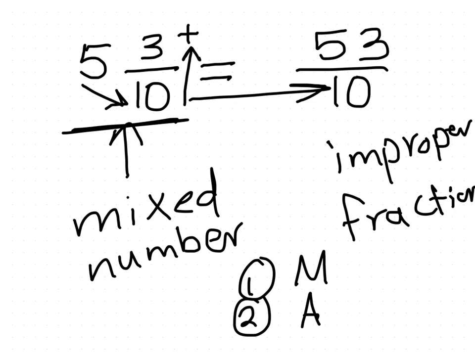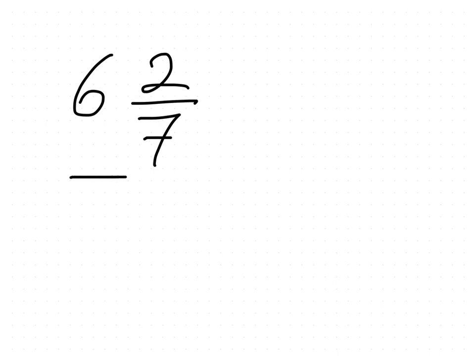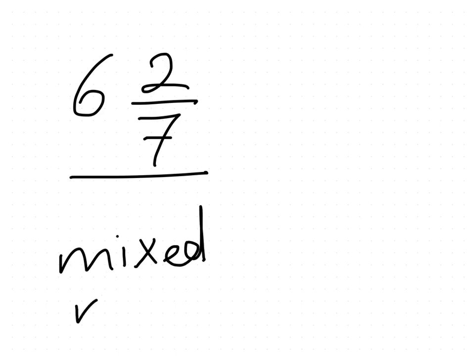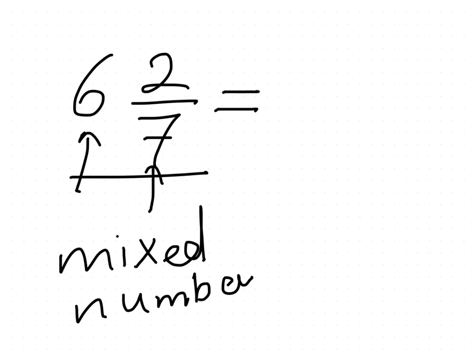Let's do another one. 6 and 2/7. Again, what do we call this? It's mixed. Good work. Mixed number. Why did they call it a mixed number? Because they are mixing a whole with a proper fraction. Now what do you want to do? I want to convert it into an improper fraction.